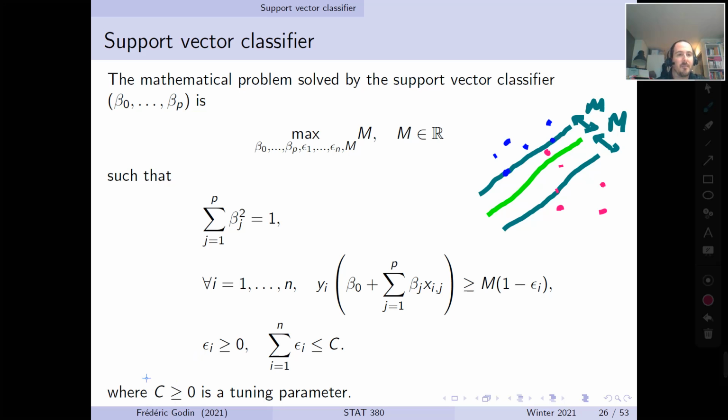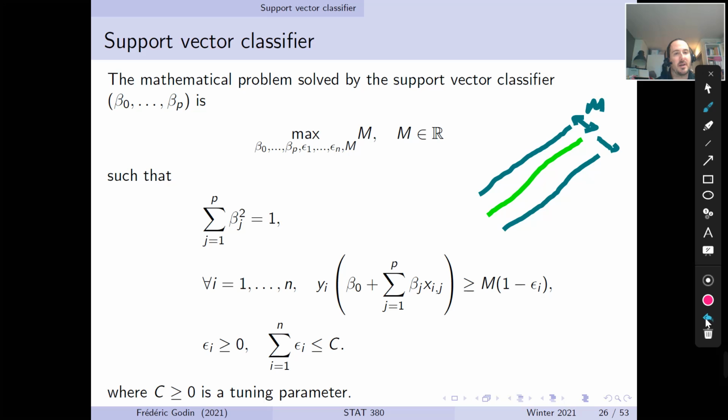We present the problem for a fixed C, but how to choose C in practice, we need to try different values. The idea is often to choose this capital C through cross-validation to see what leads to the best performance.